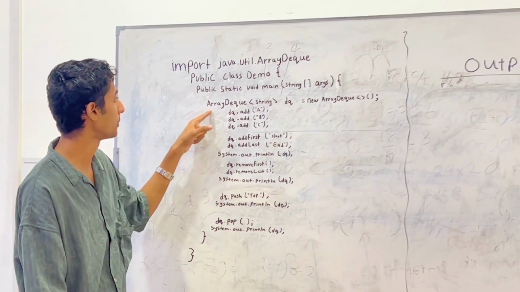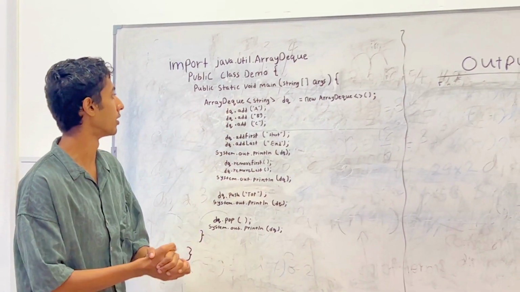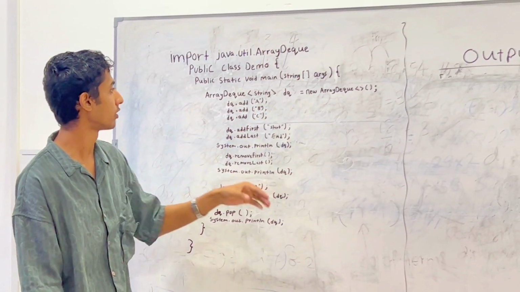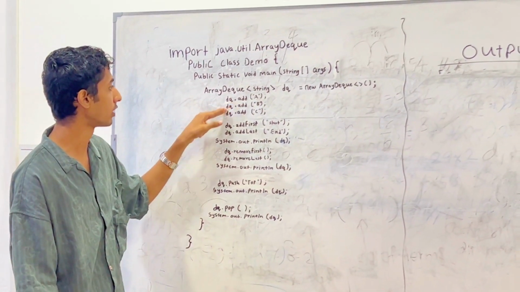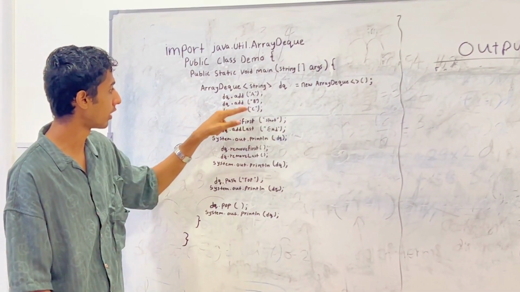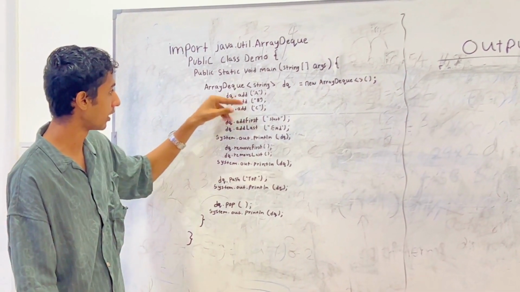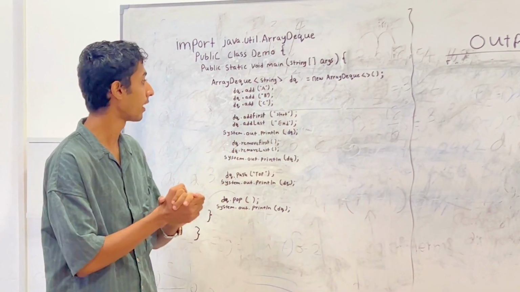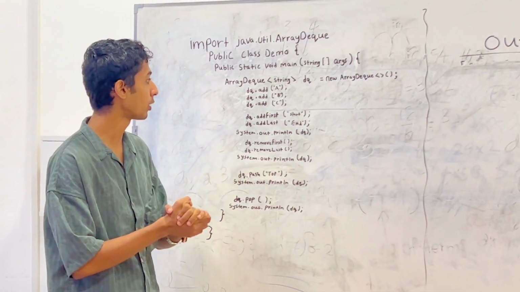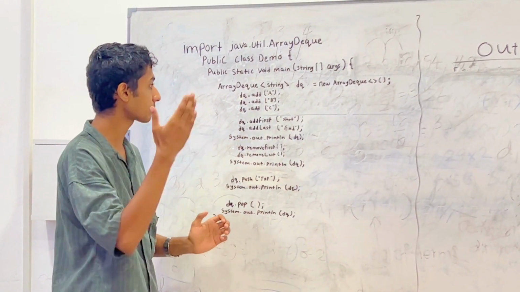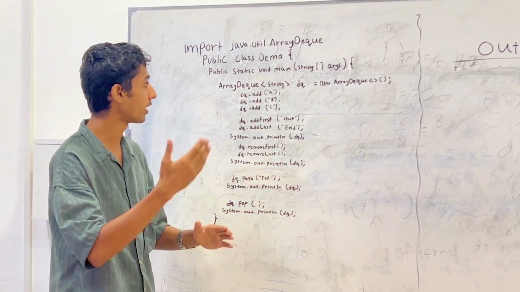Now we will be creating an ArrayDeque of String called dq. Using dq.add, dq.add, dq.add we will be adding three elements. We have to notice this is a queue's behavior, and using these three we will be adding elements from the rear end.